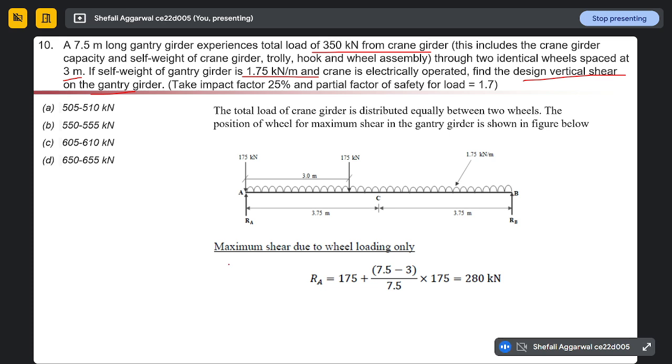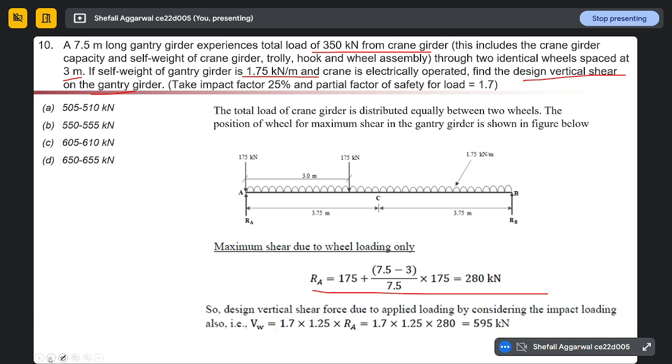We will use the moment equation, calculating moment at RB. So this will give us the reaction at A. RA value will be 280 kilonewton.